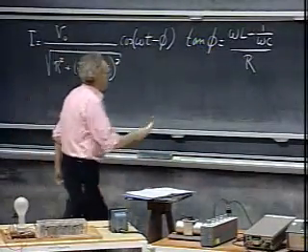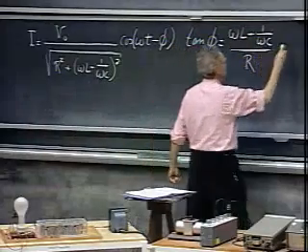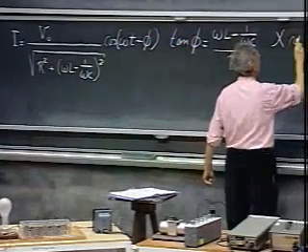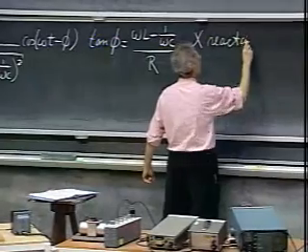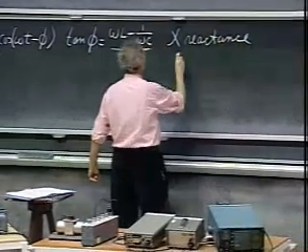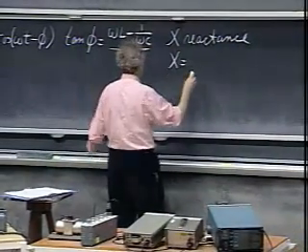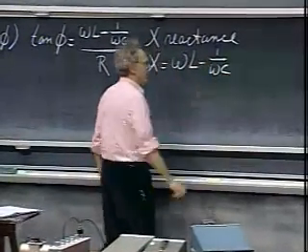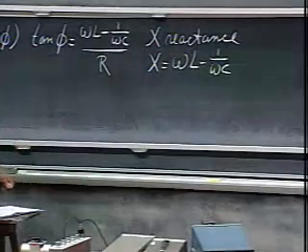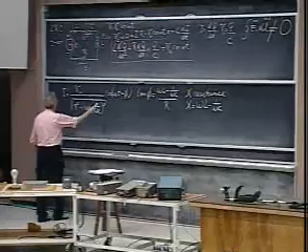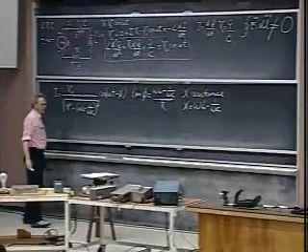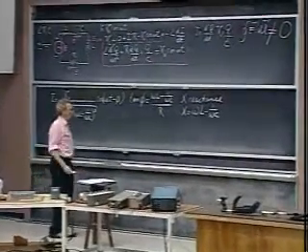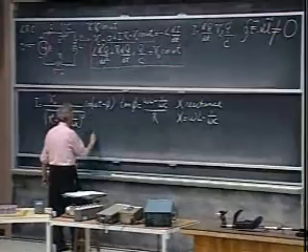We give this upstairs here a name. We call that the reactance. The reactance, X, or sometimes it's called psi, is omega L minus 1 over omega C. And the units are also ohms. We call the entire square root that you see here capital Z, which is called the impedance.